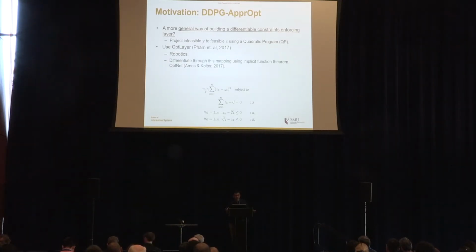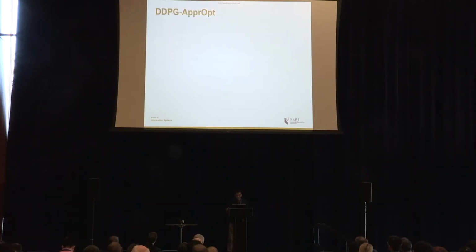They used the implicit function theorem to differentiate through the quadratic program mapping. The only problem is that it does not scale to like 100 dimensions. The reason is that with this method, you need to solve a quadratic program for every forward pass and some expensive matrix inversions for every backward pass. So we need to do something else.